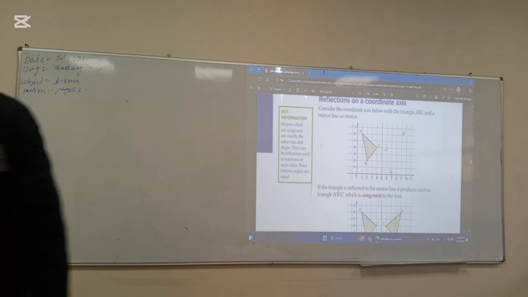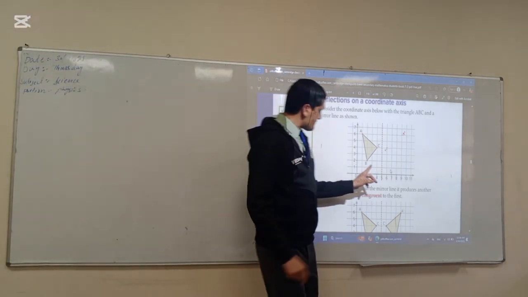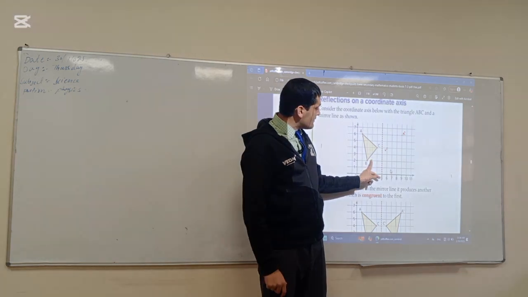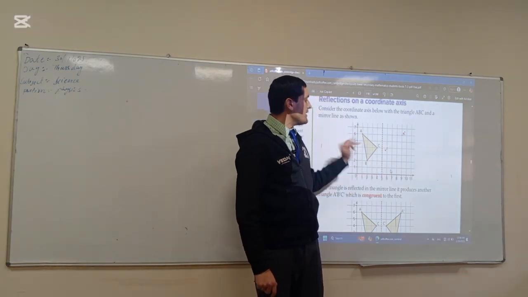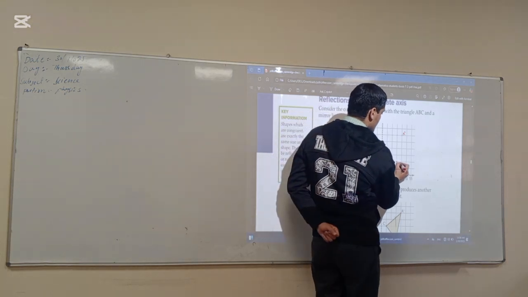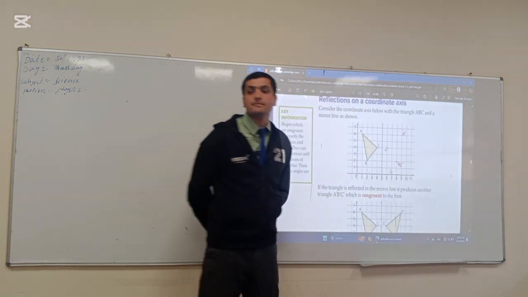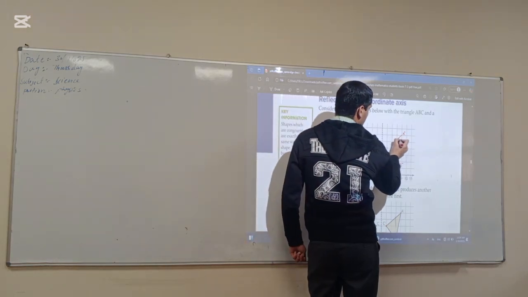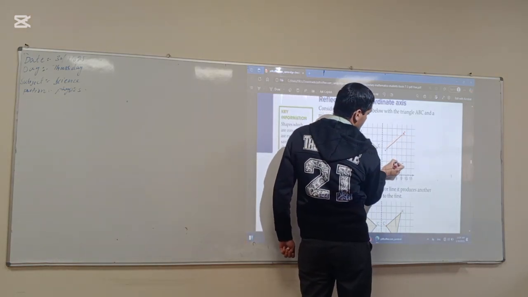Yeah. Look here, now the image of B: 1, 2, 3. And this becomes B dash. Understand? Now join these through line segments.